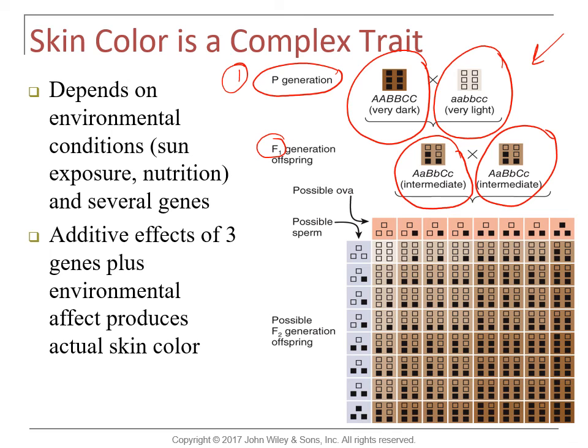So those parent 1 and parent 2, they're gonna have this offspring, right? And then we have, so this is F1 generation, and then here in this Punnett square we can see the F2 generation, okay, and then possible F2 generation offsprings, and then so those are going to be produced from the F1 generation, right?